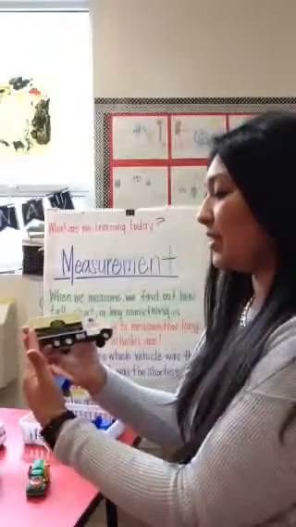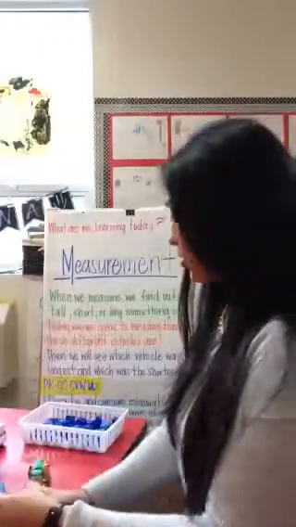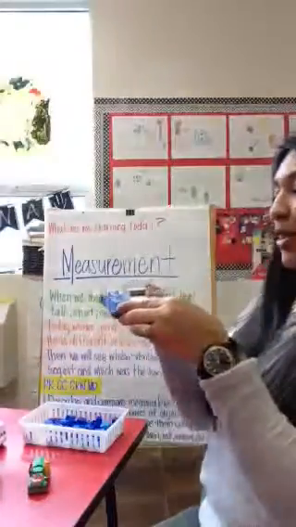So let's see. Also, when you measure, you want to go from one end to the next end. So let's see how many it is going to take to get from one end to the next end. So here I am connecting my cubes until I get to the very end of the vehicle. And I think I'm okay here.